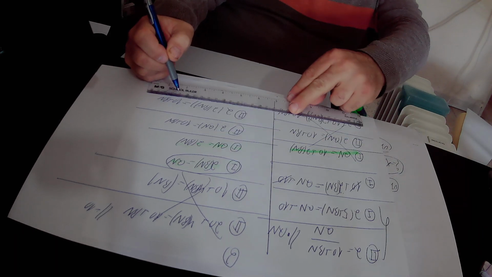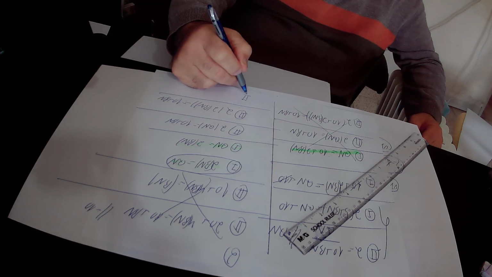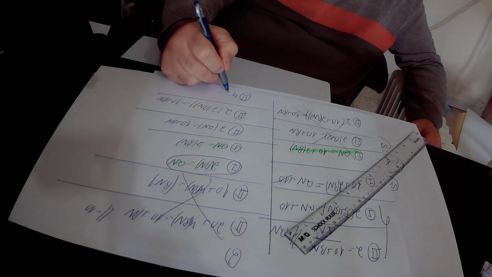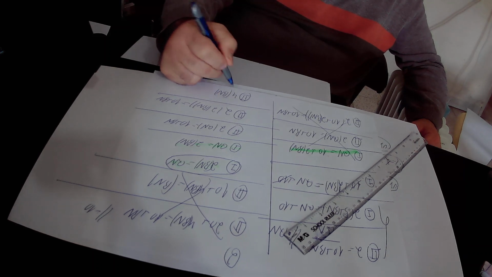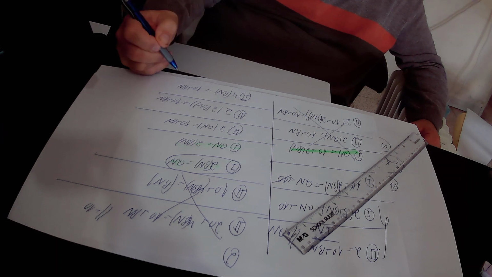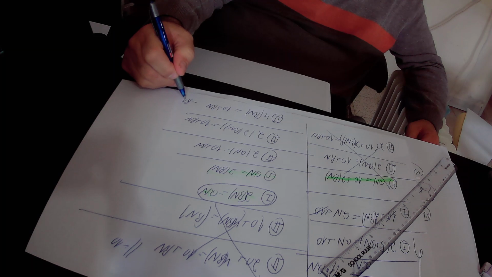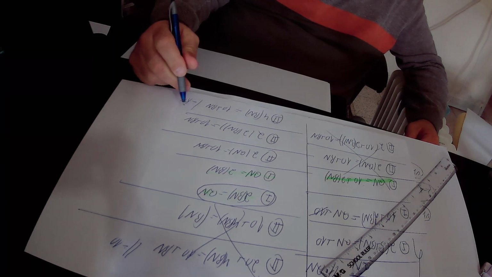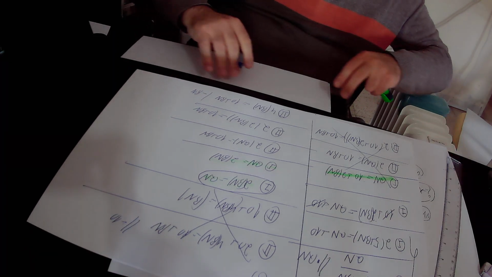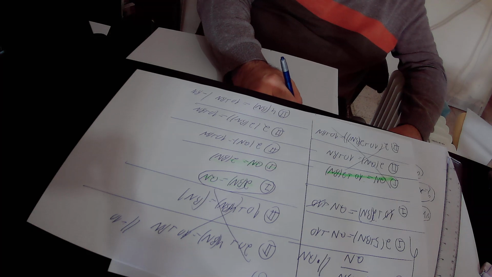Here we have 2 times Bn is 4Bn, according to equation number 2. 4 times Bn equals 10 plus Bn. Here we subtract Bn from this equation, and we get that according to equation number 2, 4 times Bn minus Bn is 3 times Bn.